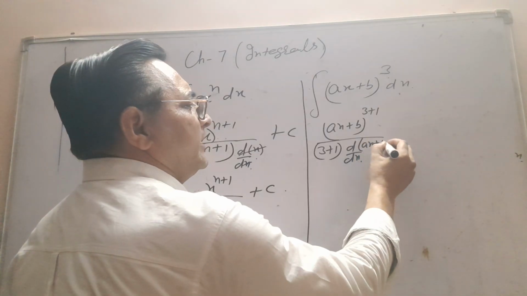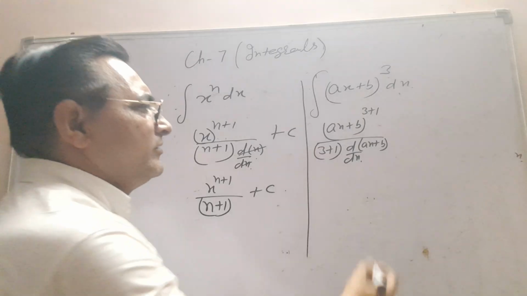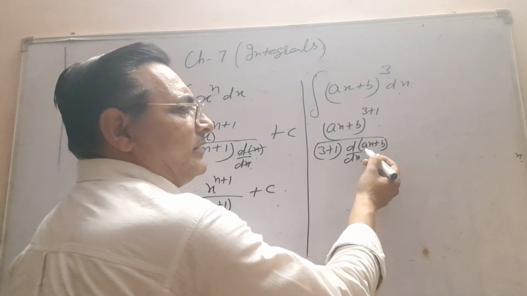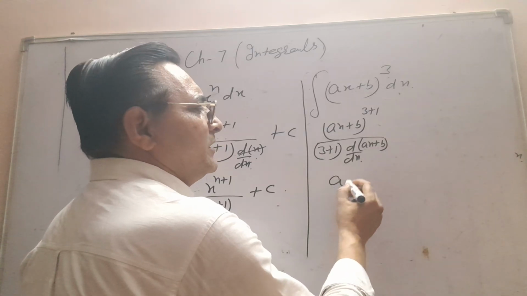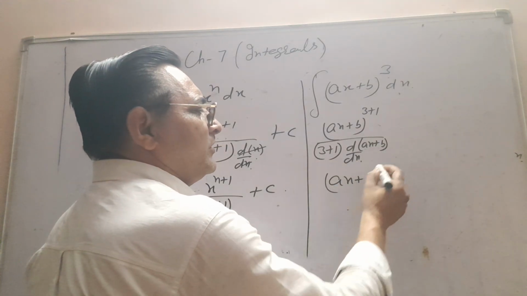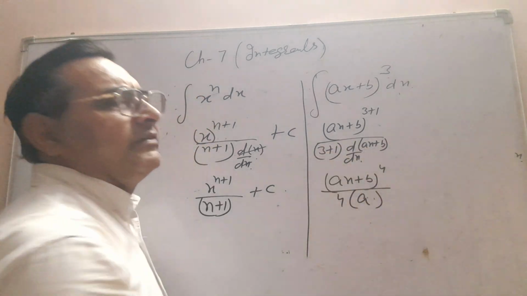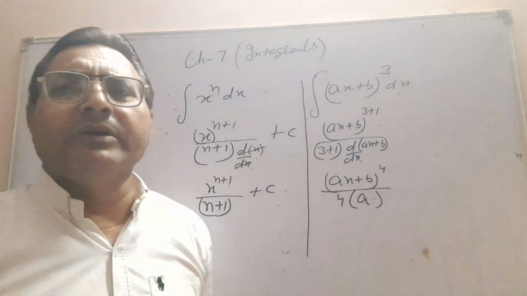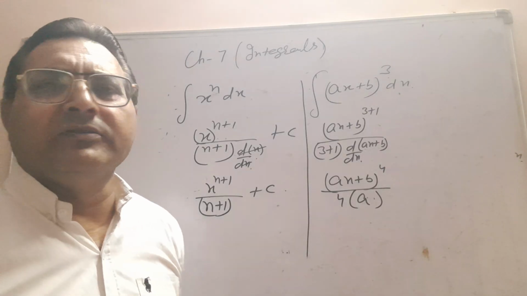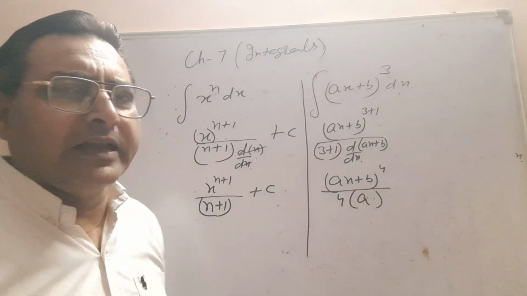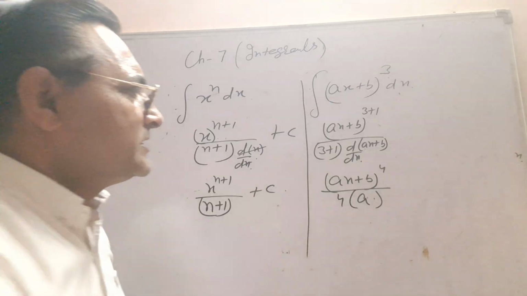What is the derivative of x? That is 1. And a is the multiple, so its derivative will be a, and b is constant, its derivative will be 0. So (ax plus b) power 4 upon 4a, because a is the multiple and x is the variable, the derivative of x is 1, a as it is, and b is a constant term, its derivative is always 0. So this is the integration.